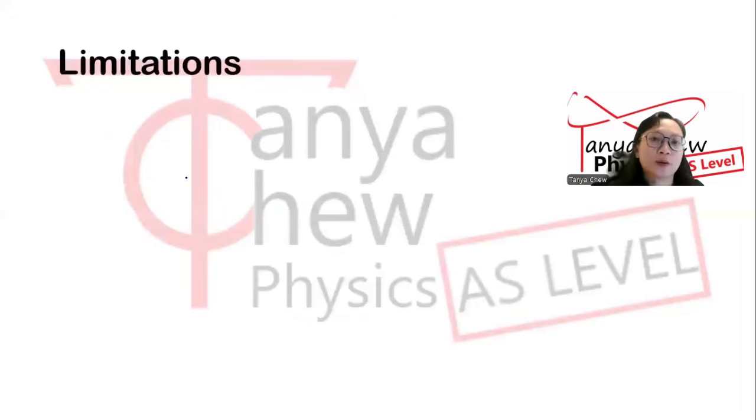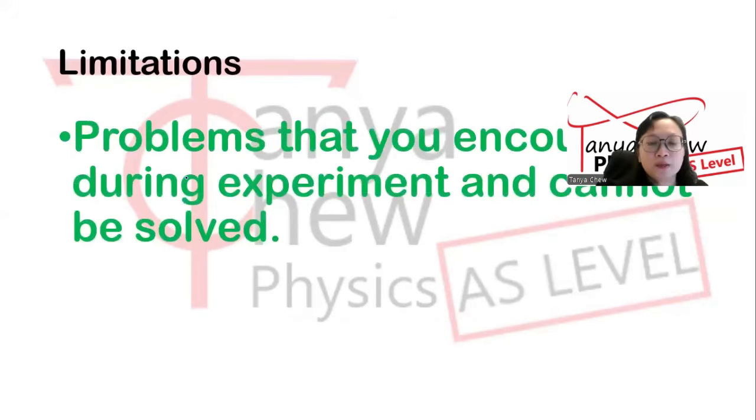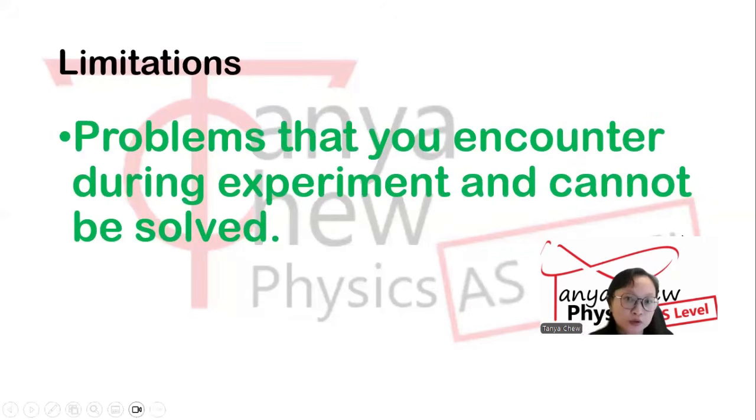Now, the next one is about limitations, right? Limitations are actually the problems that you encounter during the experiment in the lab and cannot be solved immediately. For example, you are given a meter rule to measure the thickness of a few pieces of paper, maybe 10 pieces.